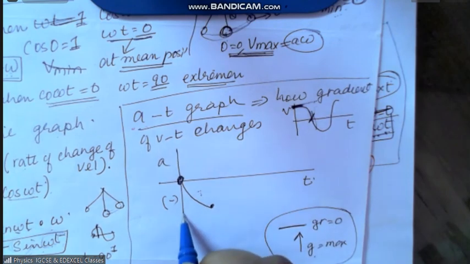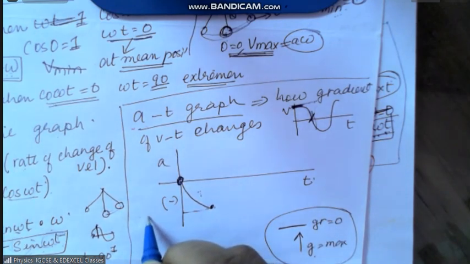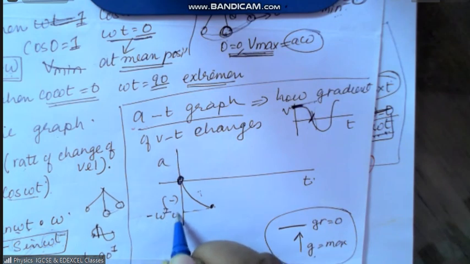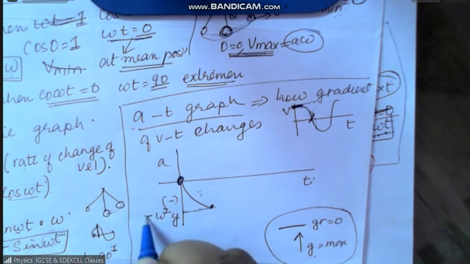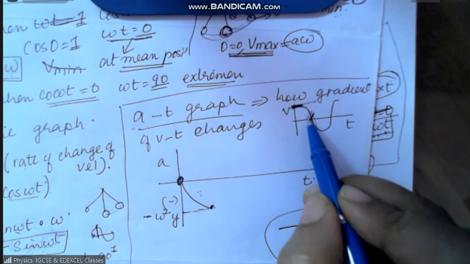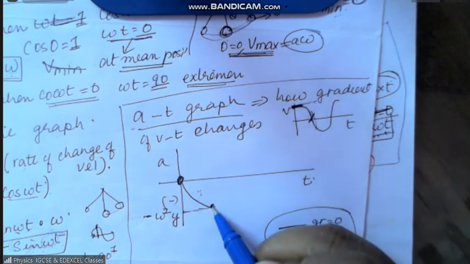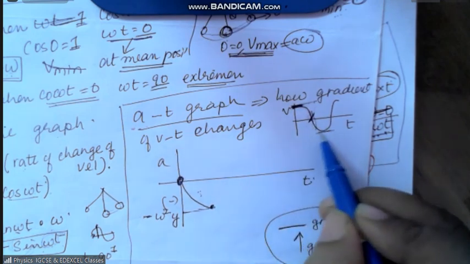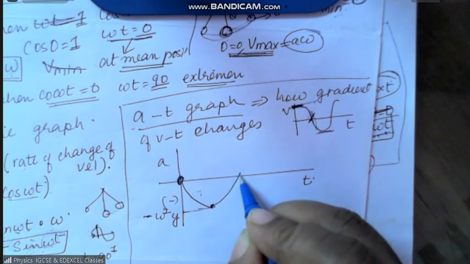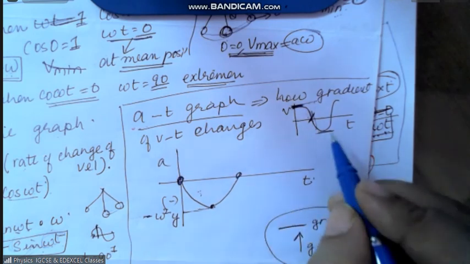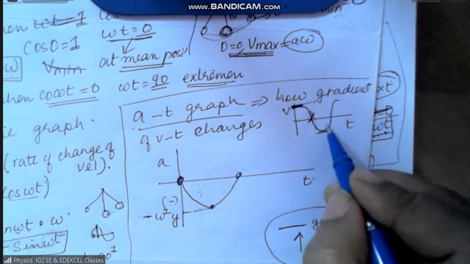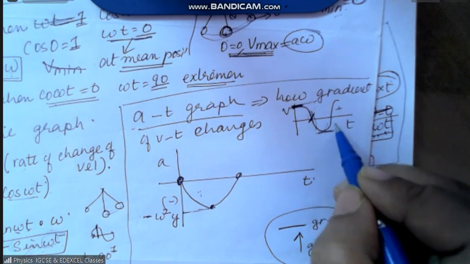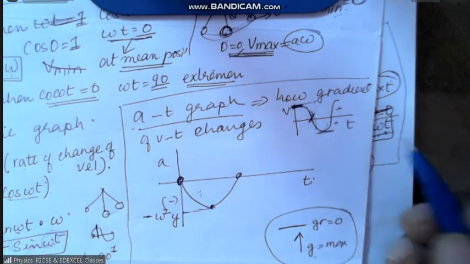So how much is this one? This value will be minus omega square y. This is the maximum value, a negative value. Gradient is maximum, value is maximum, then the gradient decreases to 0. Now this part and this part have positive gradient.